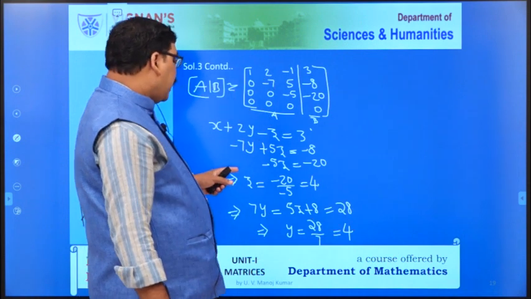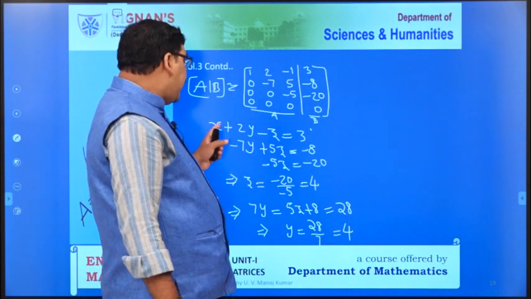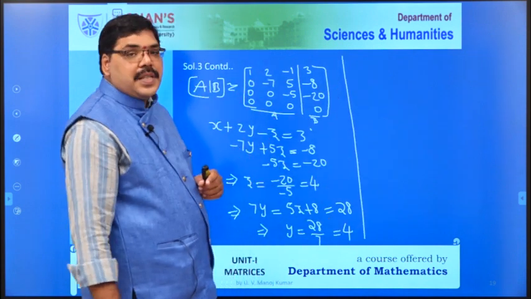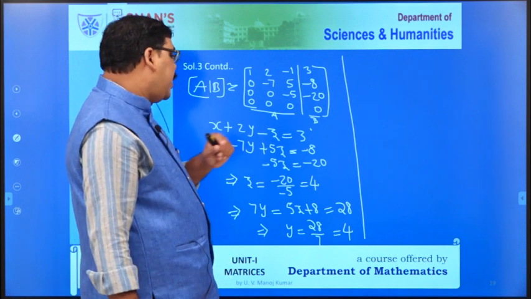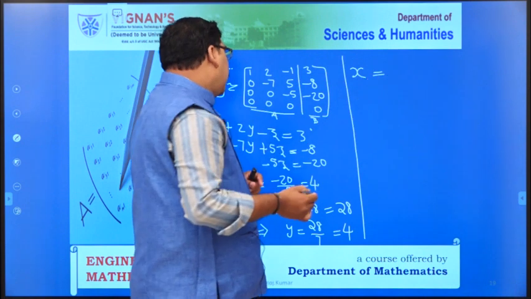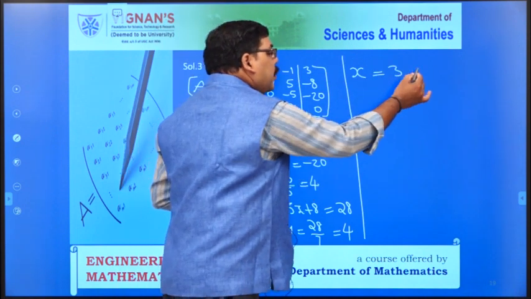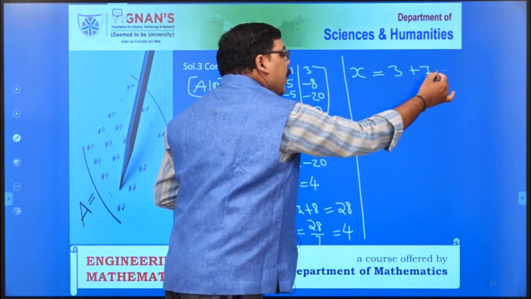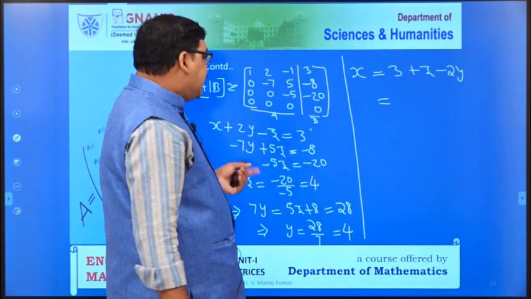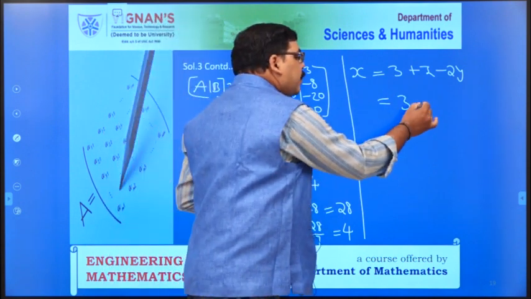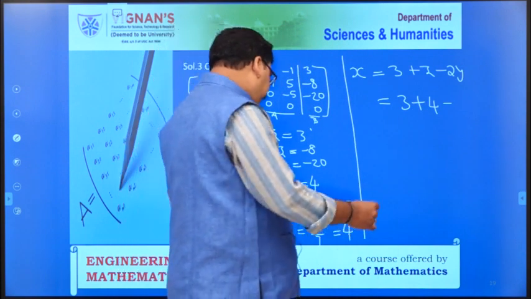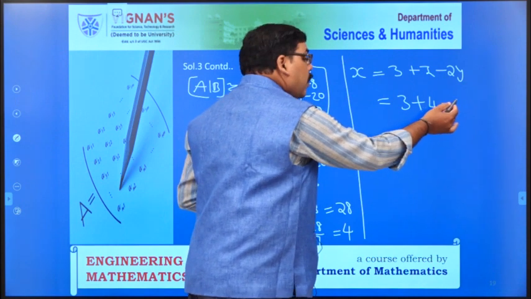And back substitute the z and y values in the first equation. The first equation is x plus 2y minus z equals 3. From that, x equals 3 plus z minus 2y, that is 3 plus 4 minus 2 into 4.